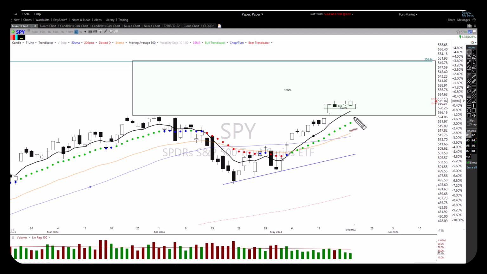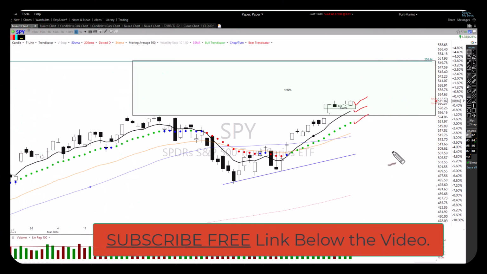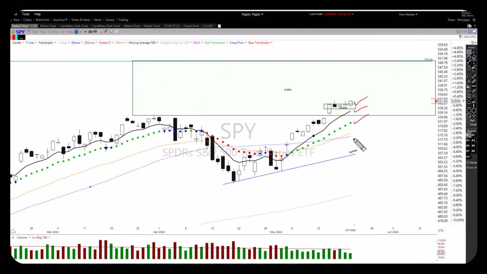What I want to look at is price is above the T-line, and the T-line is above the trend indicator, okay? Let's not worry about that orange line. Let's just worry about this blue one right here. The blue one is the 50-period moving average.